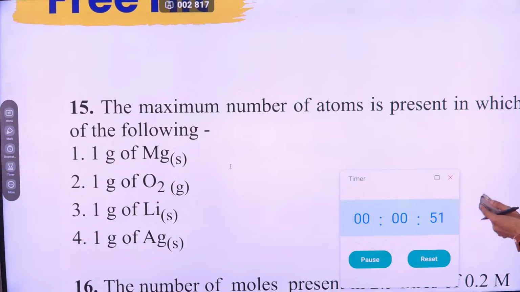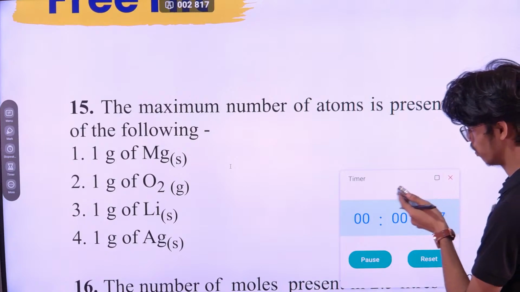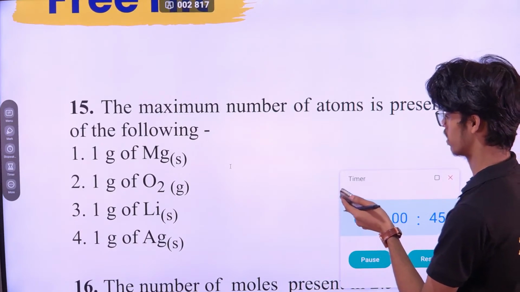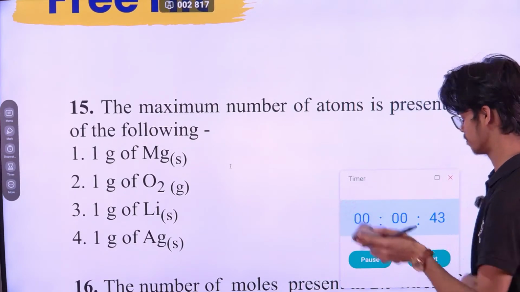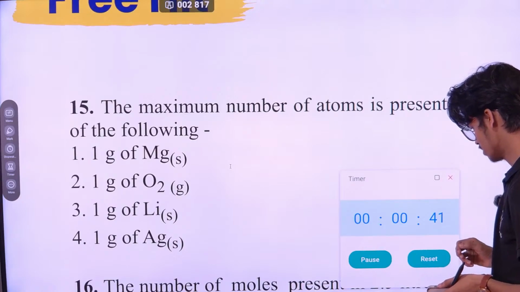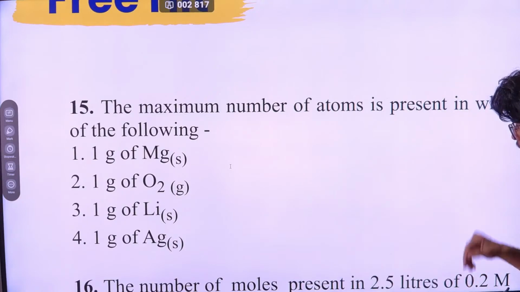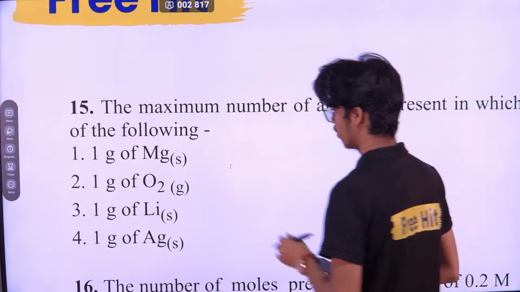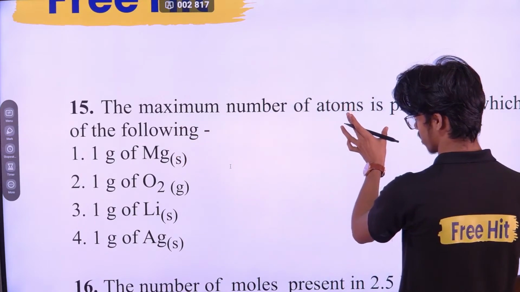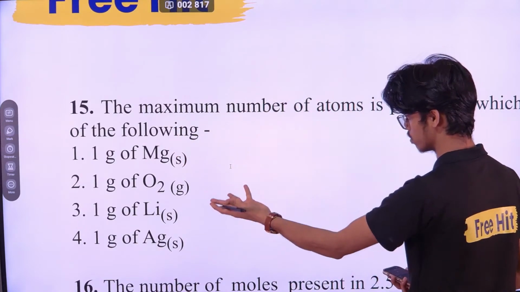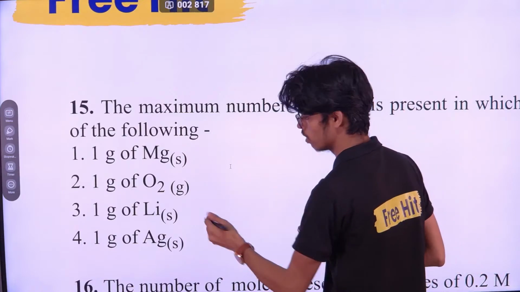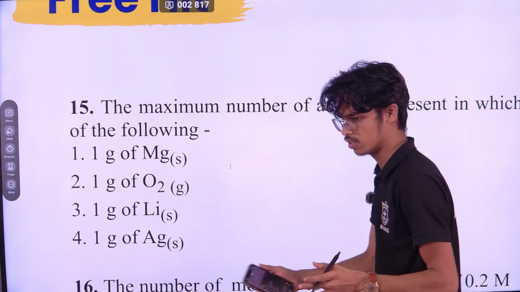The maximum number of atoms is present in which of the following? Tell me. 1 gram of Mg, 1 gram of this, 1 gram of this, 1 gram of this. Okay, this answer is quite easy. I will not give you that much time. See, what is the maximum number of atoms? It is asking for the maximum amount of moles. So you need to know which is giving more moles.